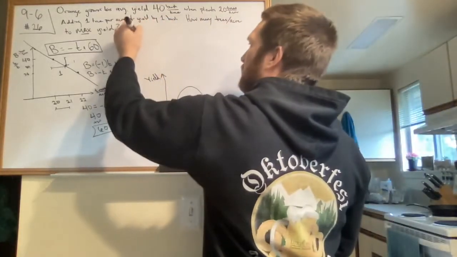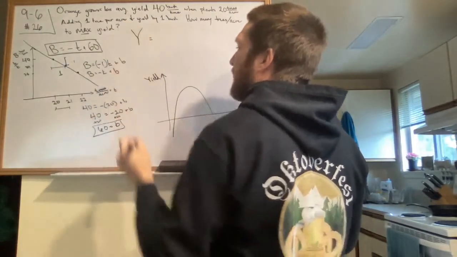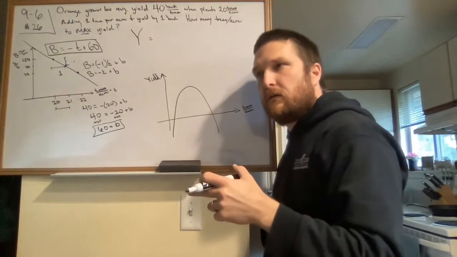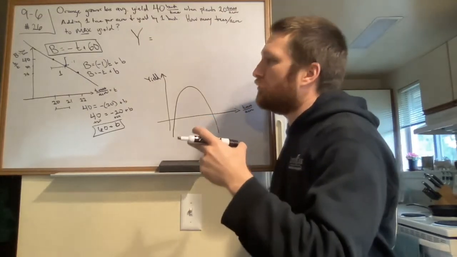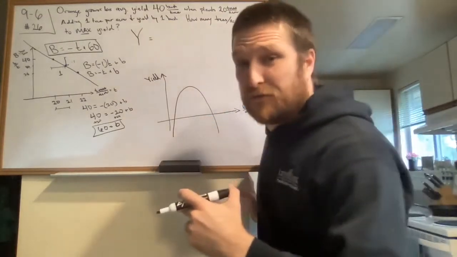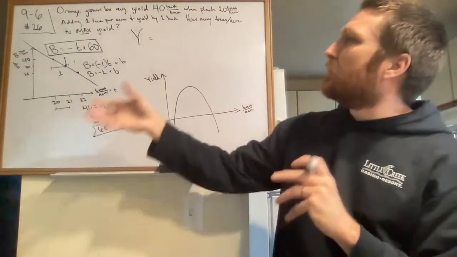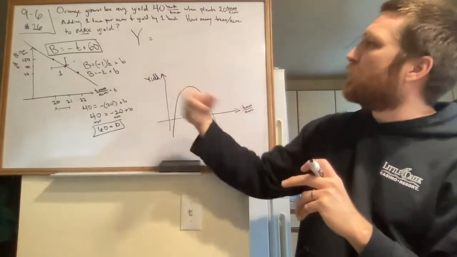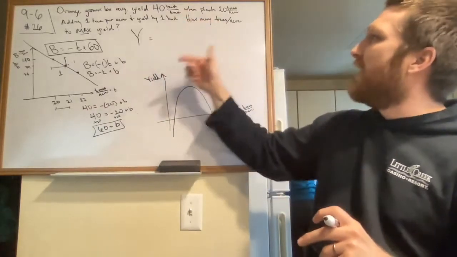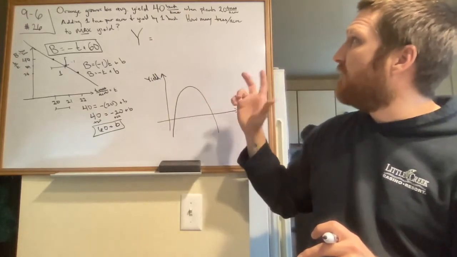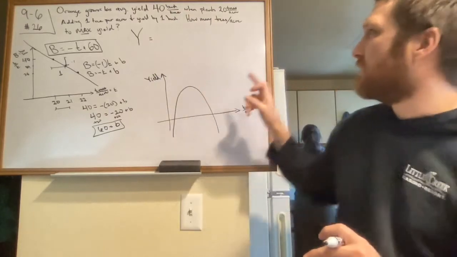So yield, I guess, if we know how many bushels per tree we're producing, and we multiply that by the number of trees we have, right? So let's think about this.